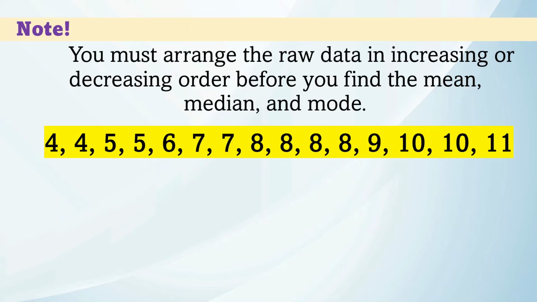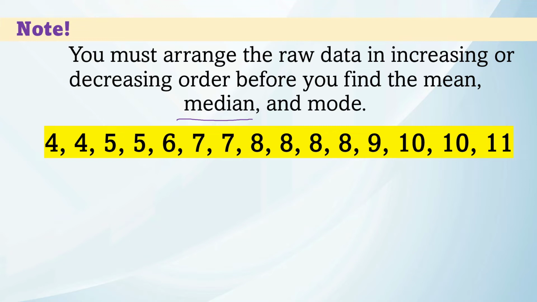First, you must arrange the raw data in increasing or decreasing order before you find the mean, median, and mode, because you cannot find the median if you don't arrange the raw data into an array. So, to make it easier, we will arrange first the raw data into an array, in increasing order.